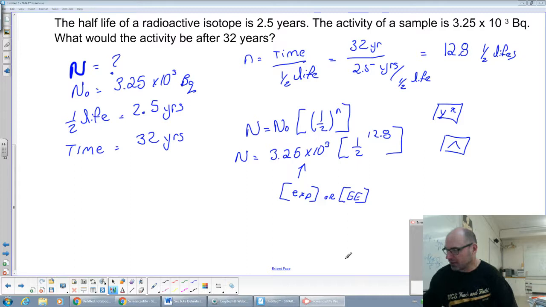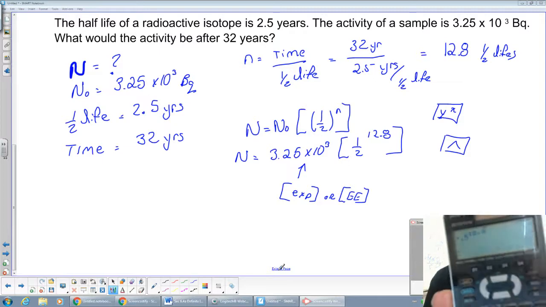Sorry about that. Okay, so let's go through the calculation part, and I'll show you how it's on the calculator. So we got up to 12.8. What you do then is take 1/2, or you could use 0.5 if you like. My calculator works in fractions, but put that in, push your raise to the power button, and put in 12.8 like that.